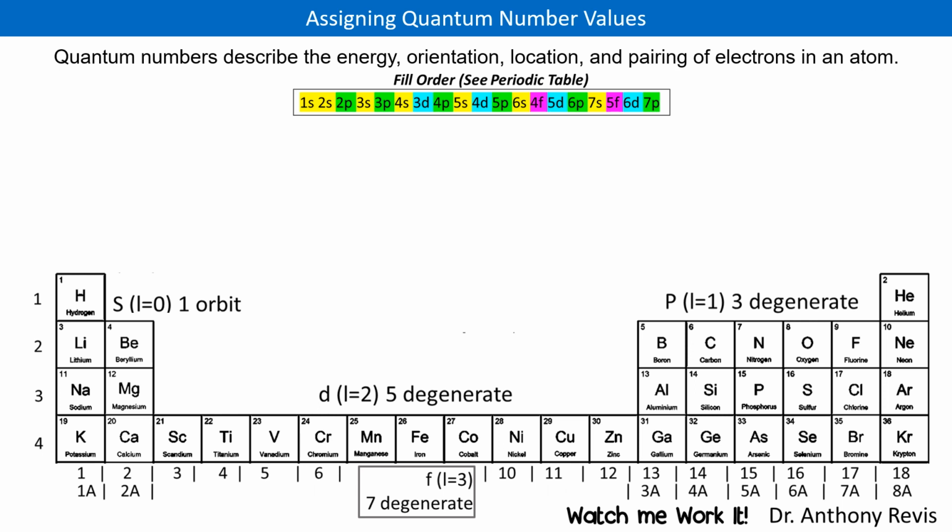Now, you can summarize that in what we call the filling order shown here. So this is a standard filling order for that. And for many people, they will memorize this. However, this filling order actually is shown to you and given to you on the periodic table. So you can read it directly from the periodic table. So that's how I'll be doing it when I solve these. Okay, I'll be reading it directly from the periodic table.